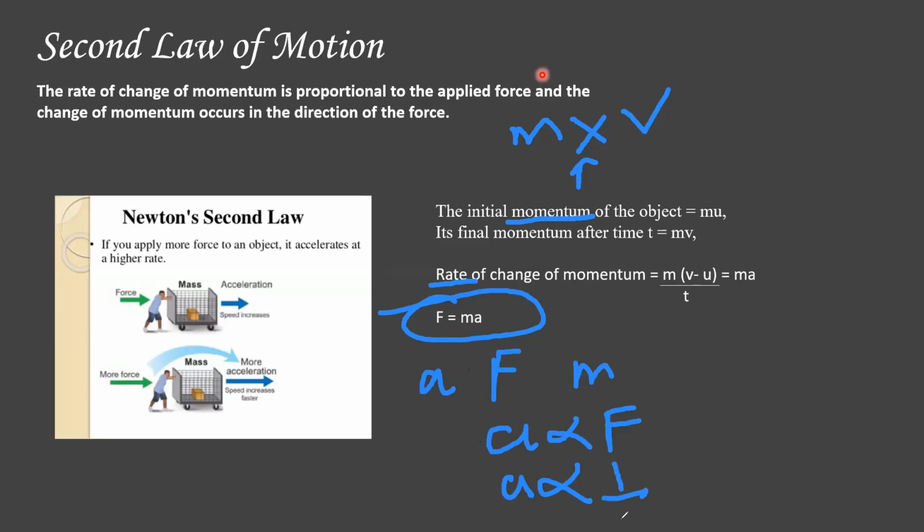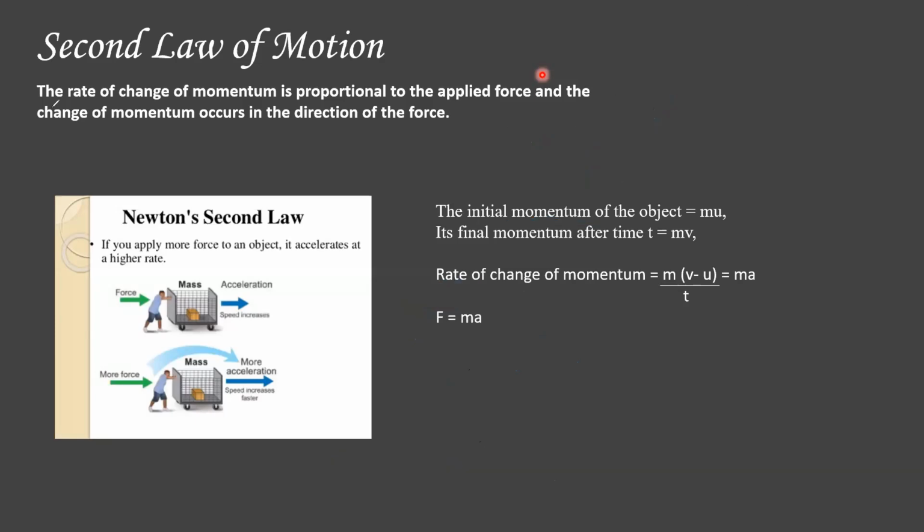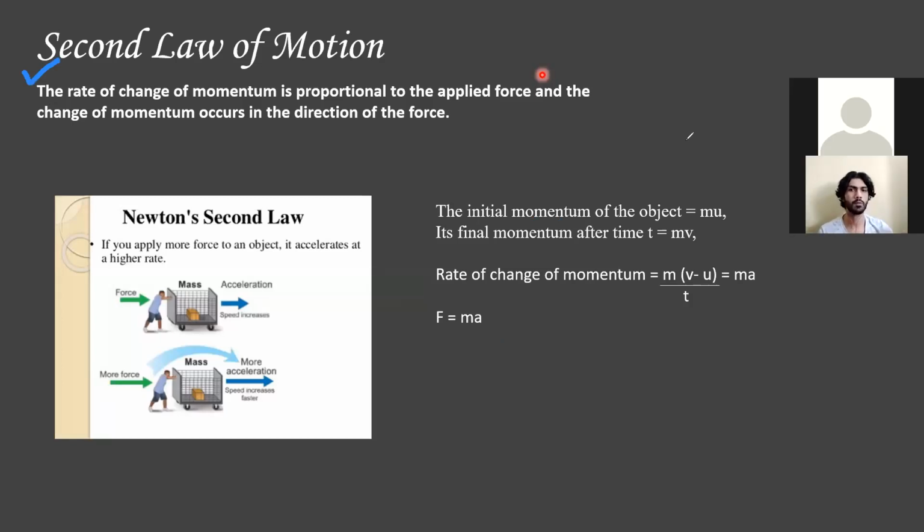So a is equal to F by m, which is F is equal to ma. And this is the technical, very formal definition of the second law of motion: the rate of change of momentum is proportional to the applied force, and the change of momentum occurs in the direction of the force. So this is a very technical term.